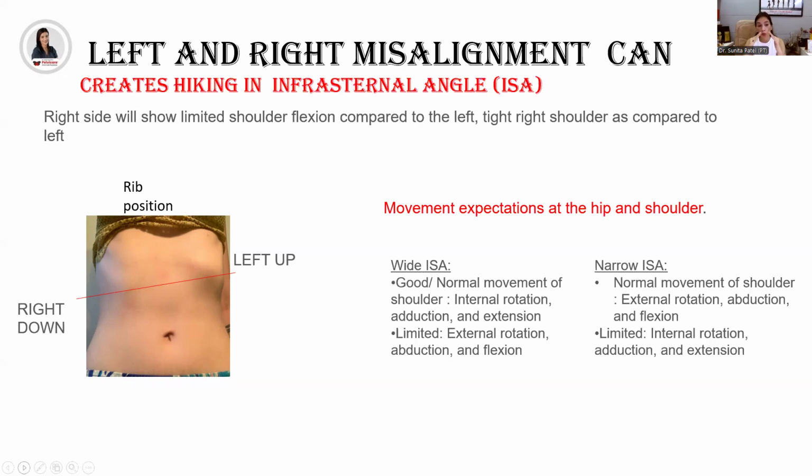So do check the infrasternal angle. Is it right, or high, or less? What is the position of the shoulder alignment, rib alignment, ASIS alignment? That is again going to affect the whole body biomechanics, isn't it?